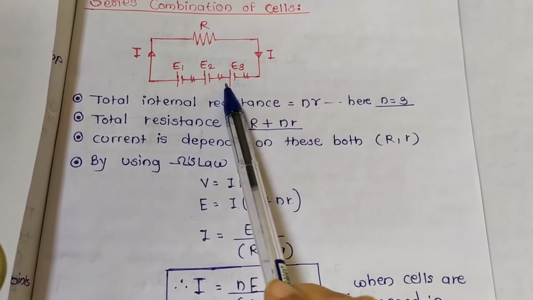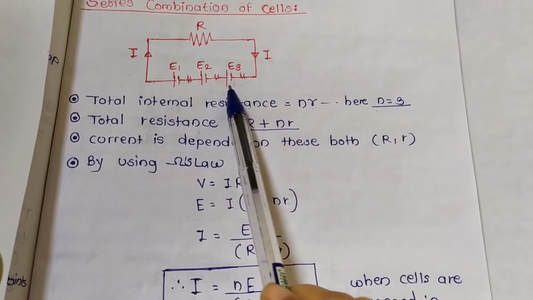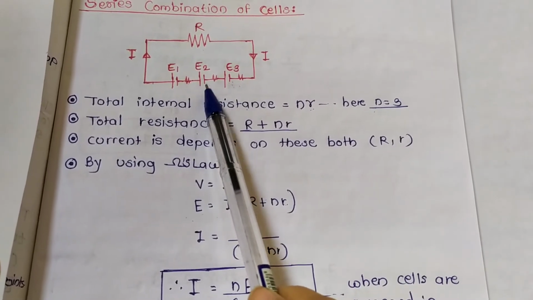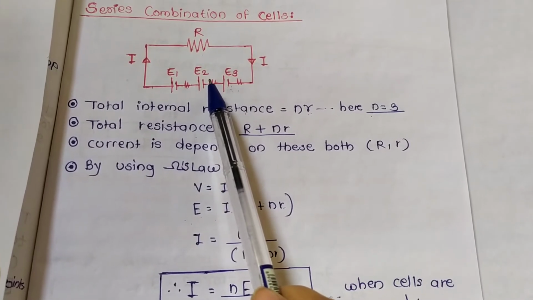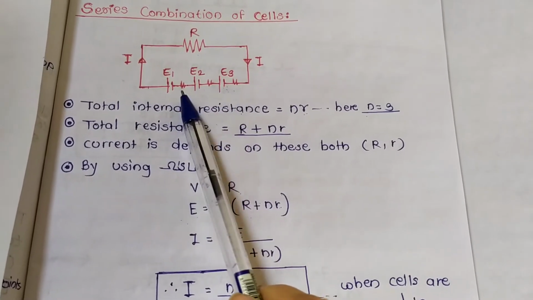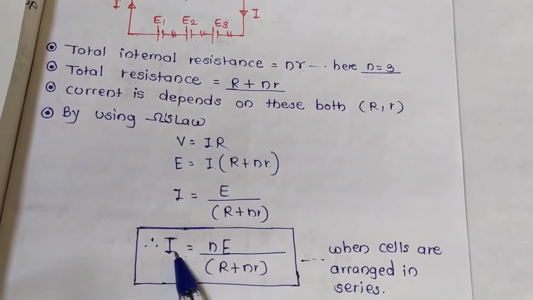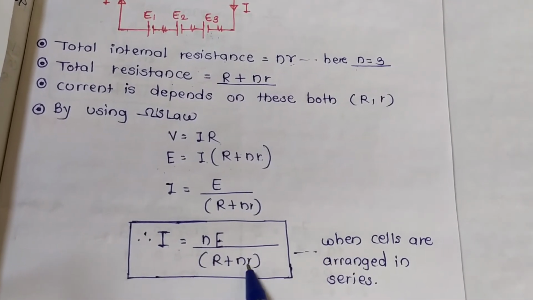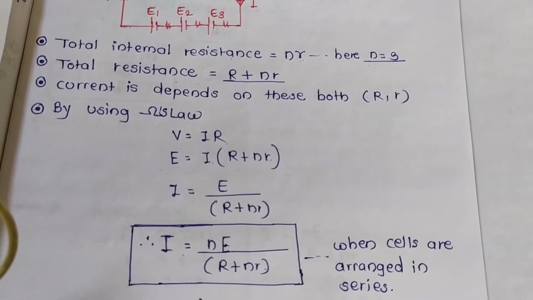Hence E into N is not the same as in parallel cell combinations. In parallel cell combination we take EMF E as the same constant, but here it is N into E. Hence the formula is I is equal to N into E divided by R plus Nr. Only this formula is important.